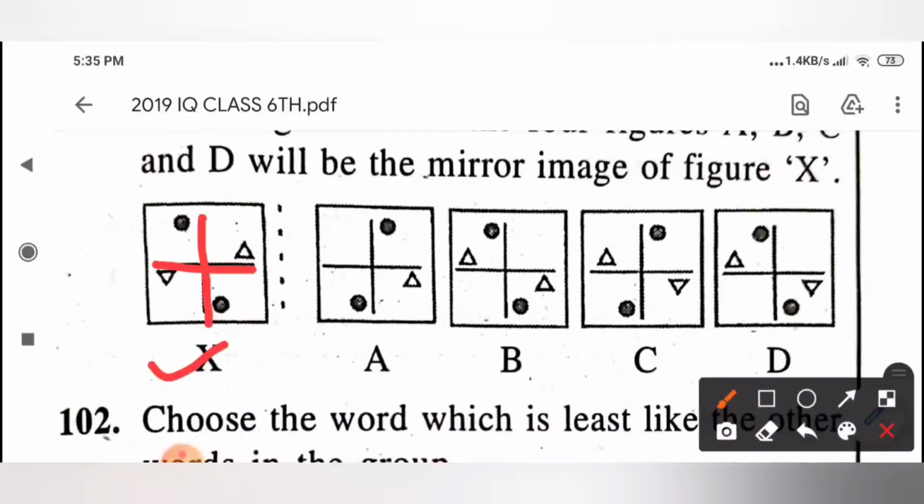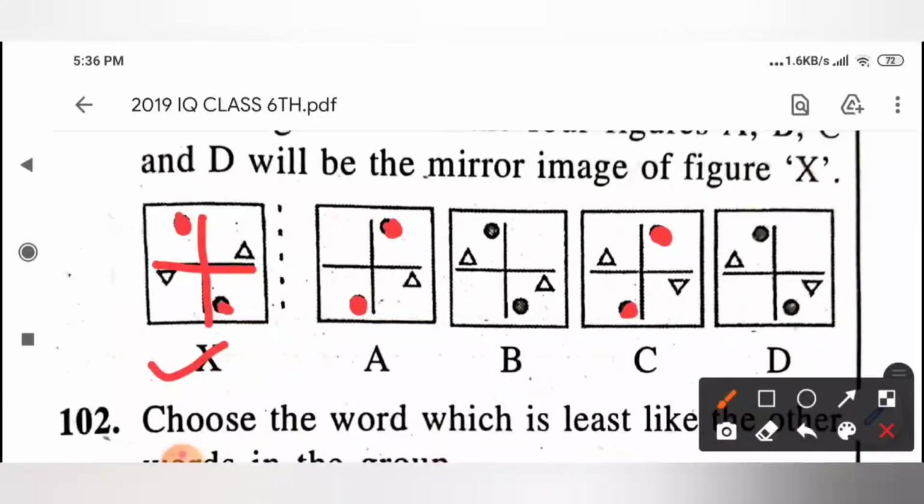The next, this black shaded dot. When you see this in the mirror, its place can be here or here. Two options. When you see in the mirror, the black shaded dot comes here, and the below one is here, and it appears here and here. Both can be the answer.